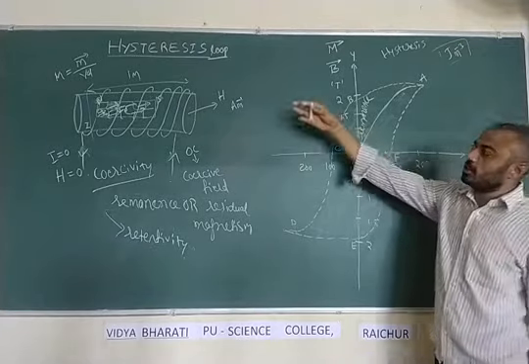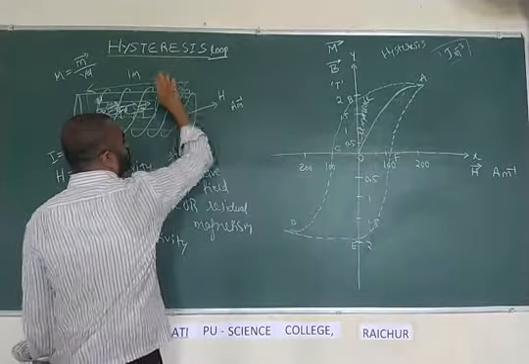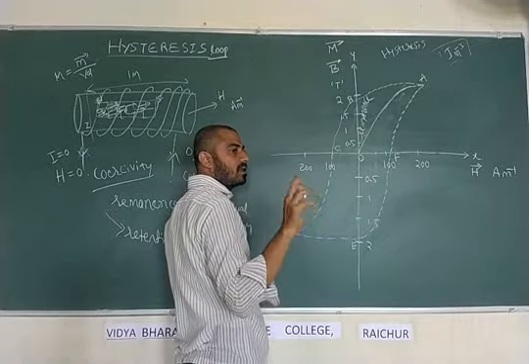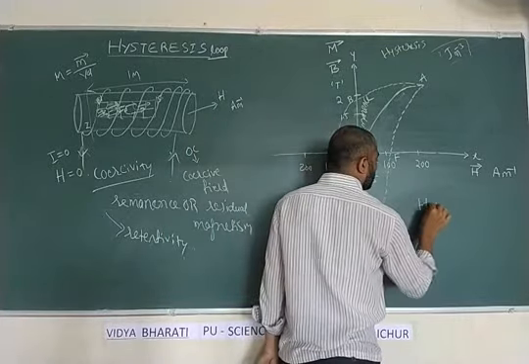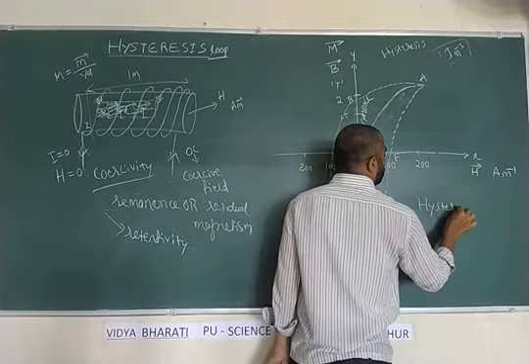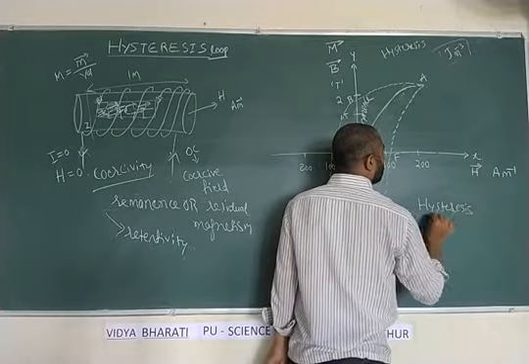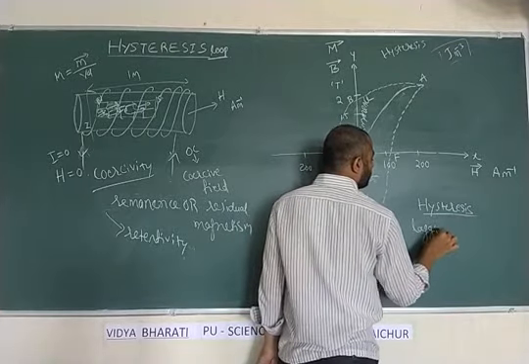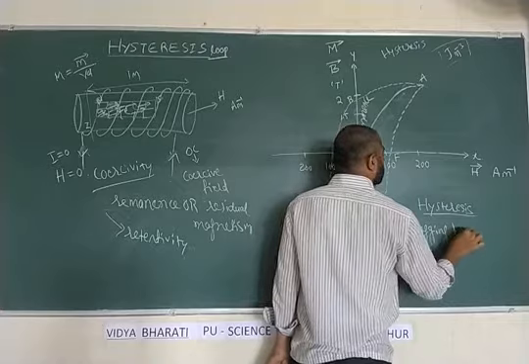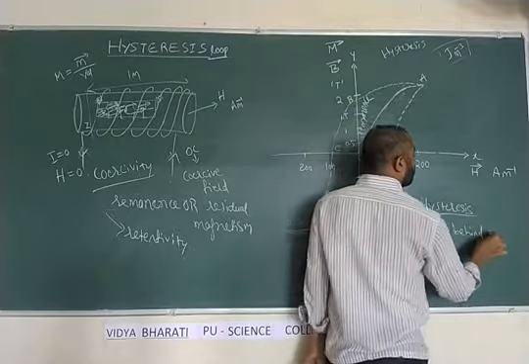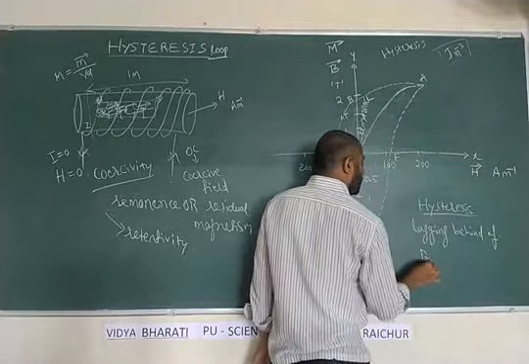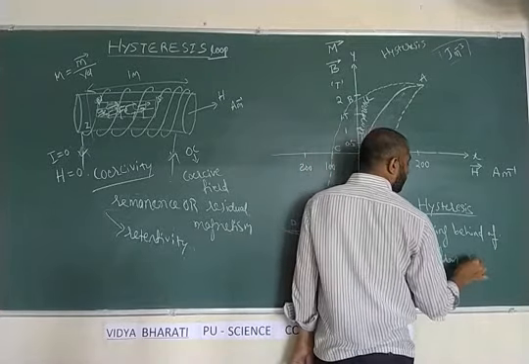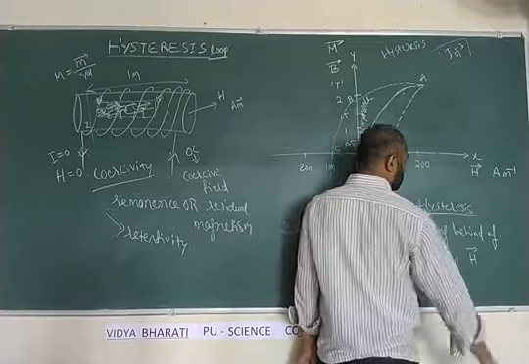Now, hysteresis means, now come to this point. What we defined, that is hysteresis graph, hysteresis curve. Hysteresis is the phenomena of lagging behind of magnetic induction vector from magnetizing field intensity H vector.